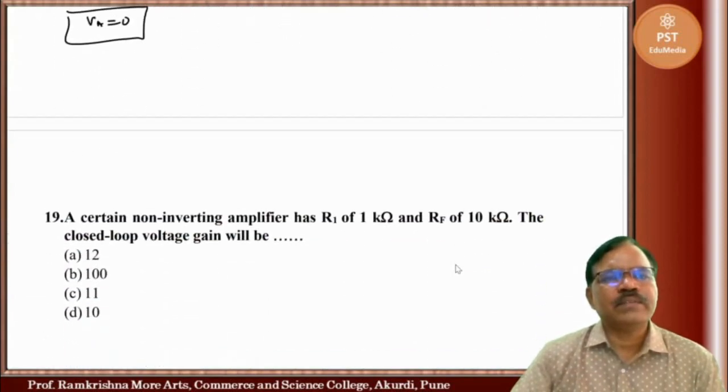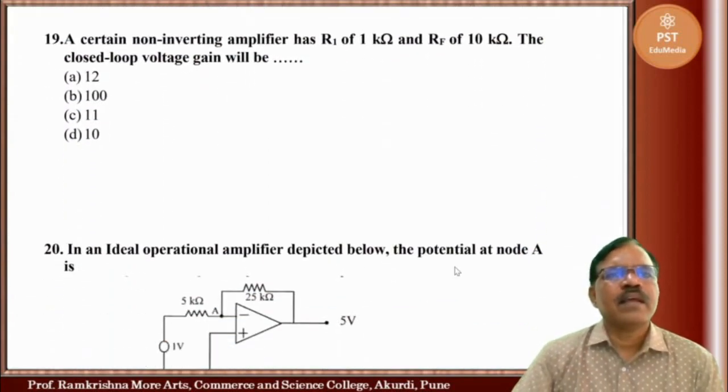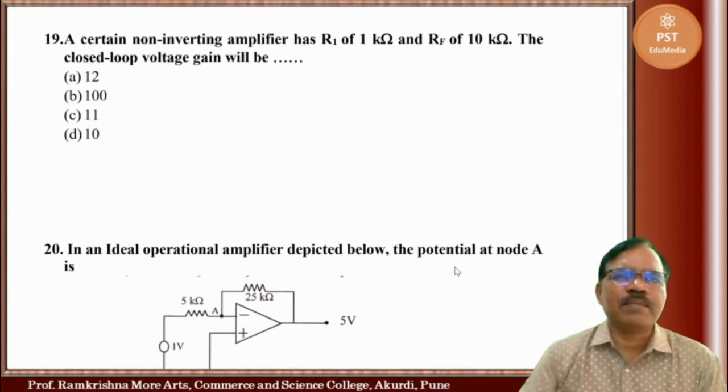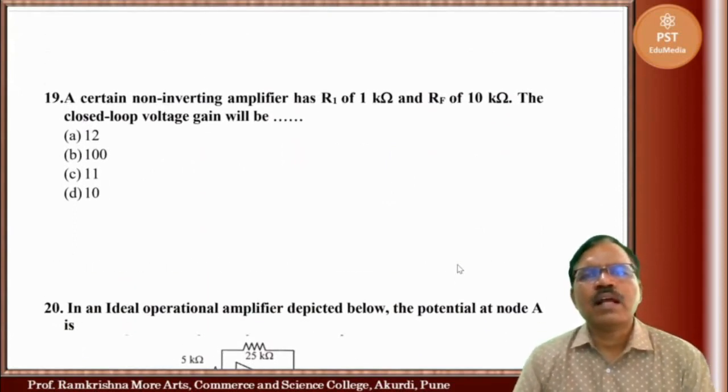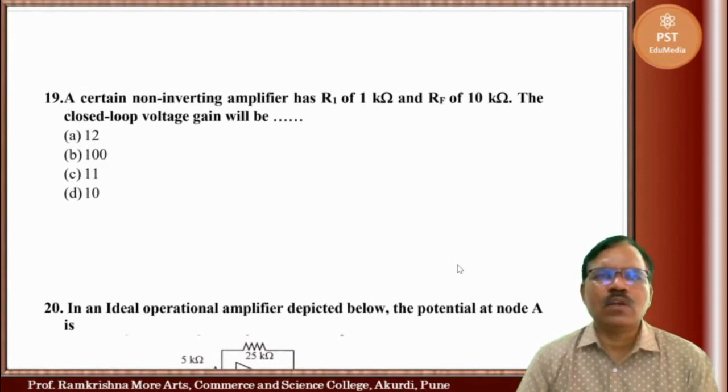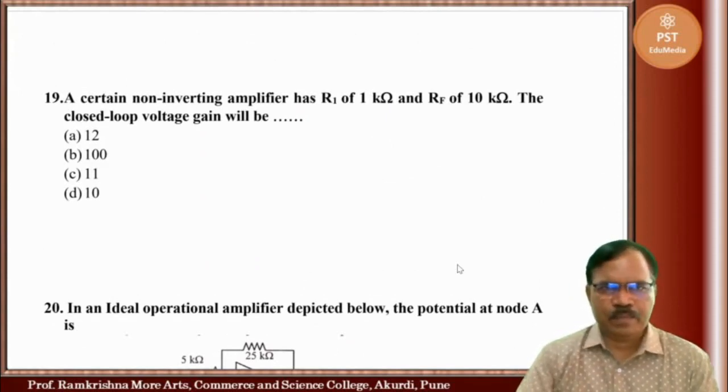Now next one. A certain non-inverting amplifier has R1 equal to 1 kilo ohm and Rf equal to 10 kilo ohm. The closed loop gain will be.